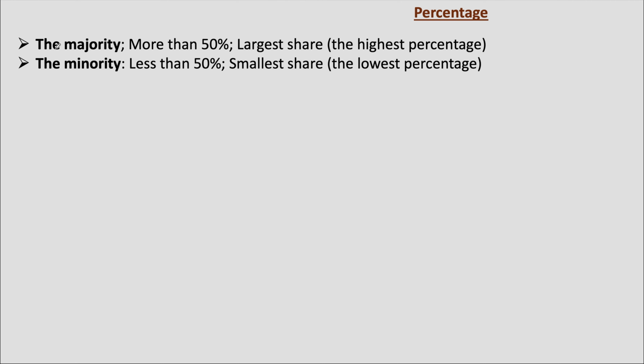First, we have the majority and the minority. Majority means more than 50%, and minority means less than 50%. In some cases, we can also use majority for the highest percentage in the data and minority for the smallest share.